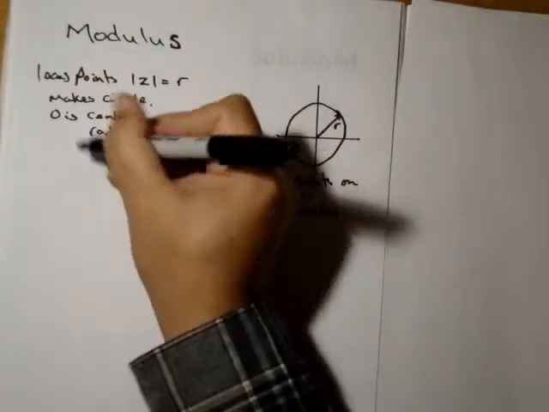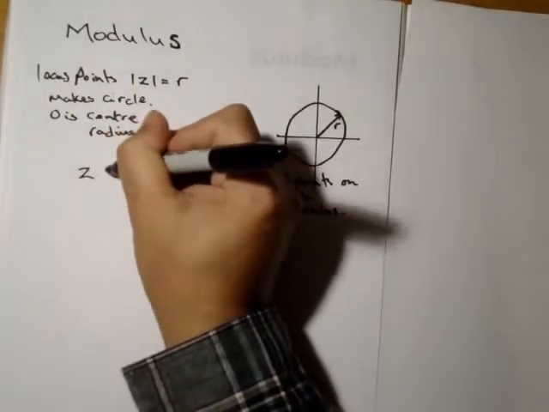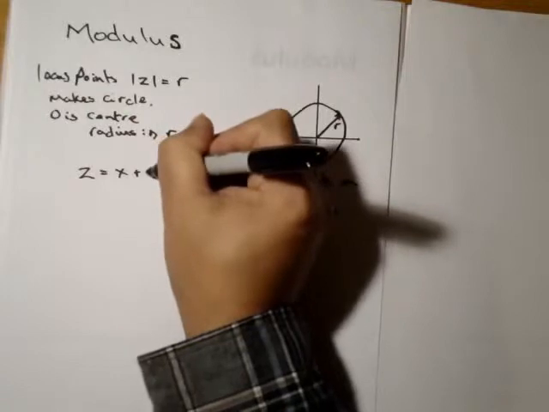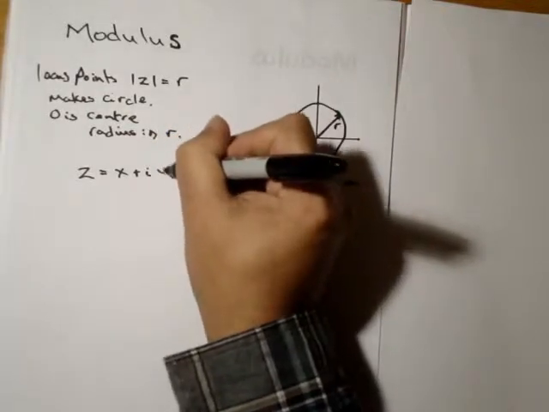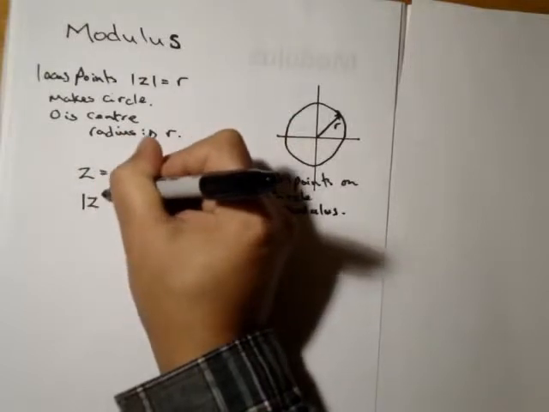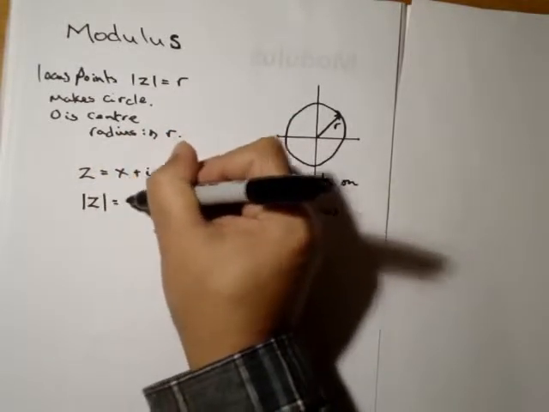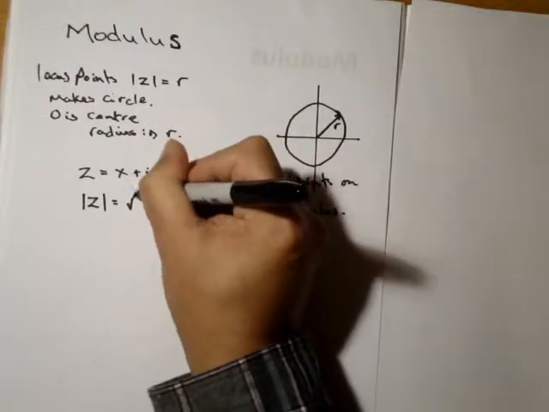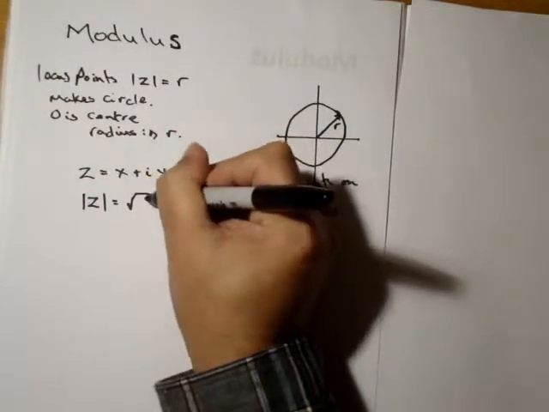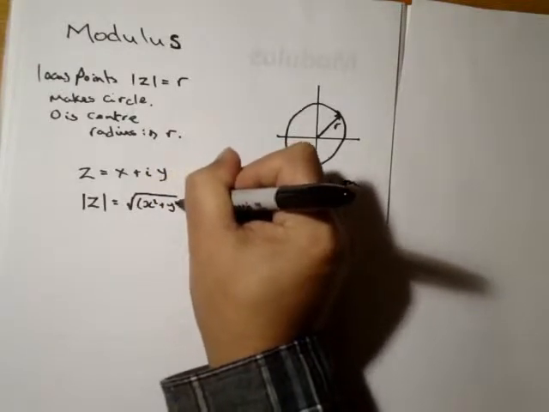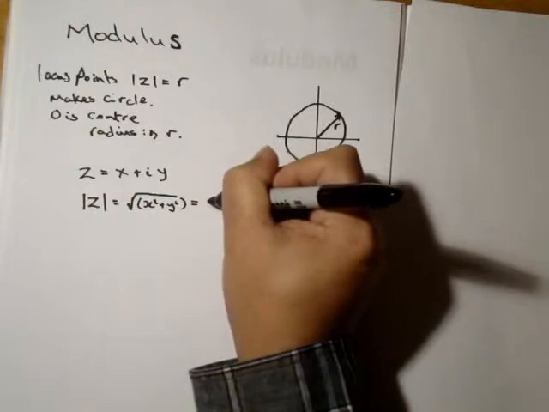Now if we take z equals x plus iy, the modulus, or mod z, is the square root of x squared plus y squared, and this equals r.